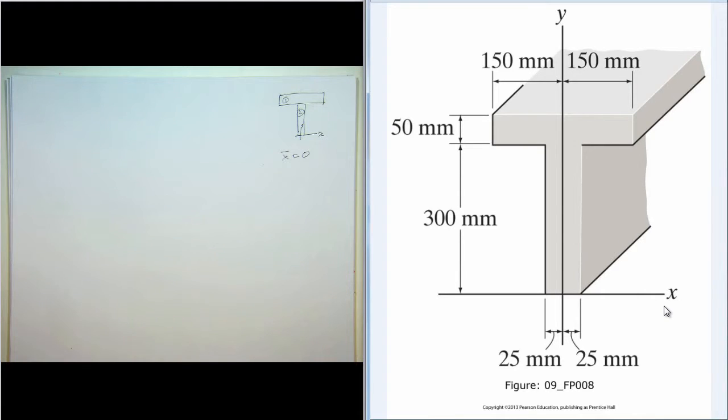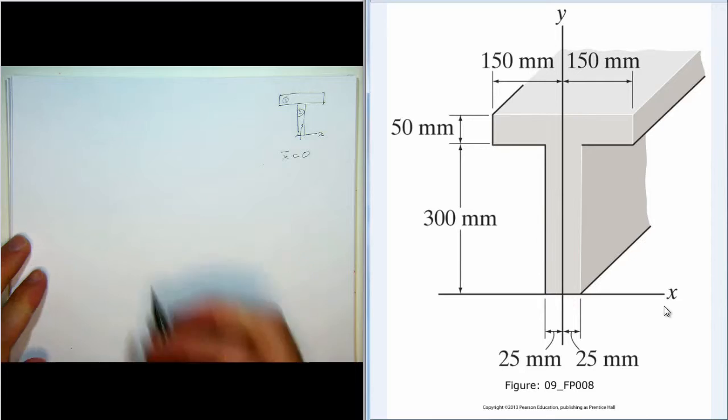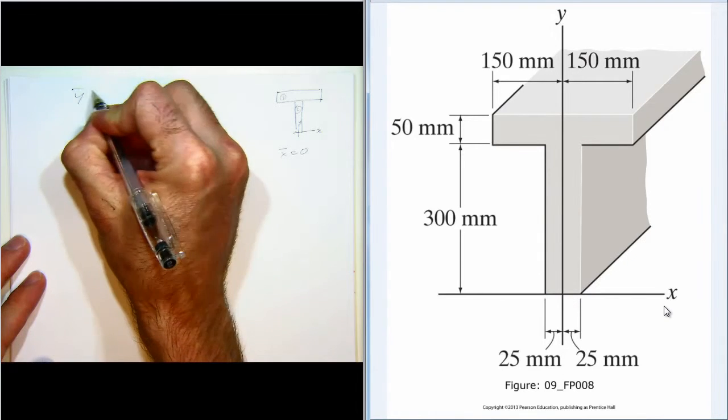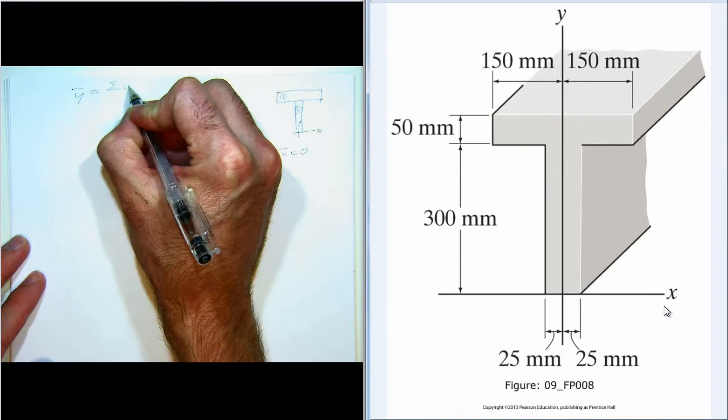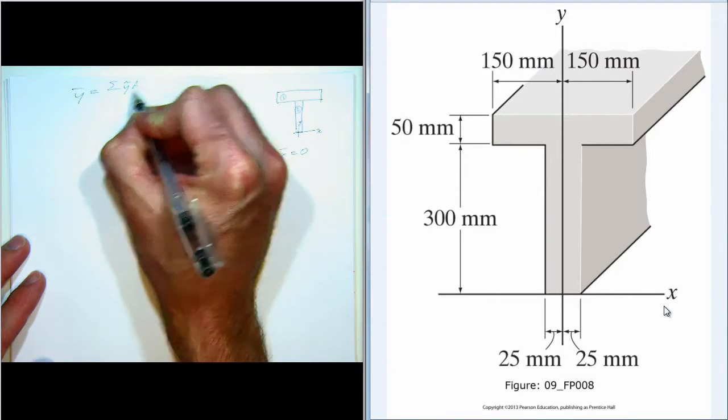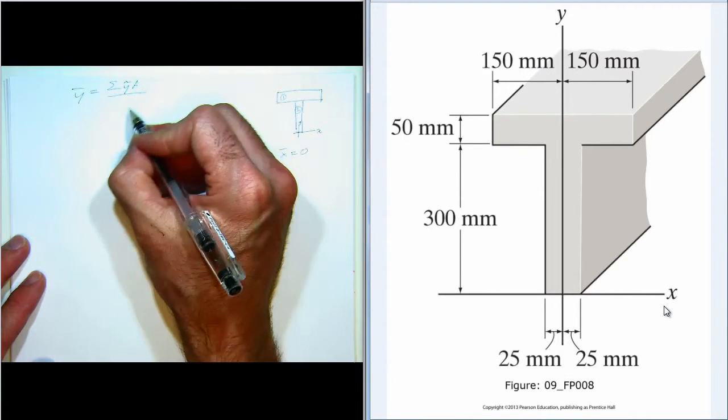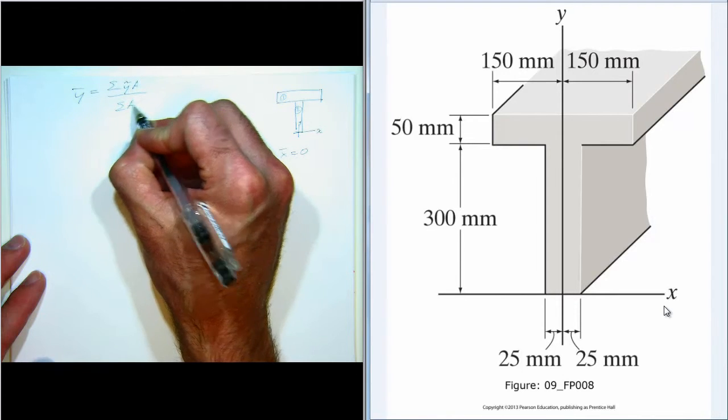And now we want to find y bar. And so we'll use this equation. Y bar is equal to the quotient of the summation of y tilde times A divided by the sum of areas.